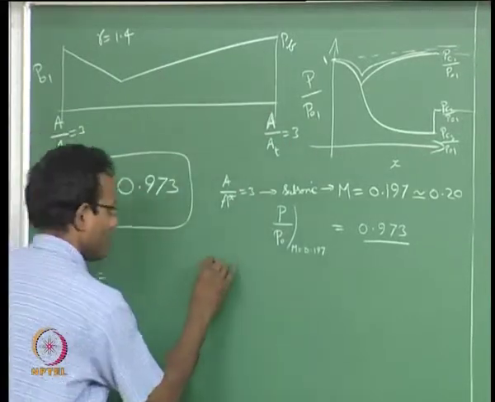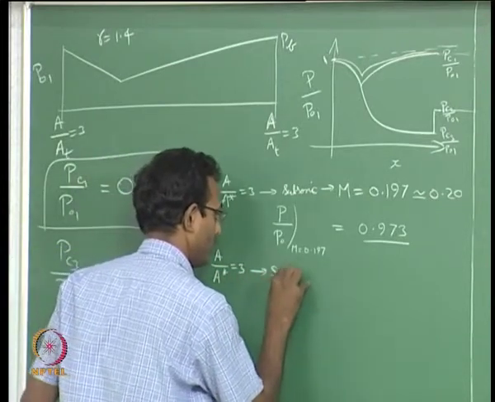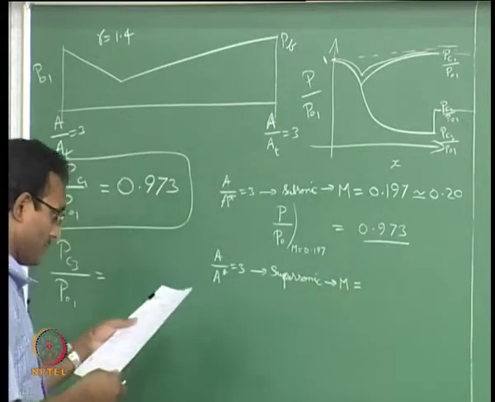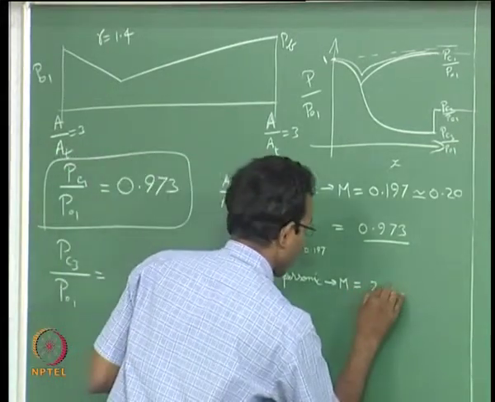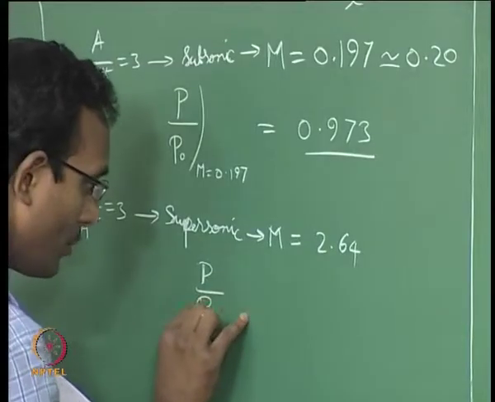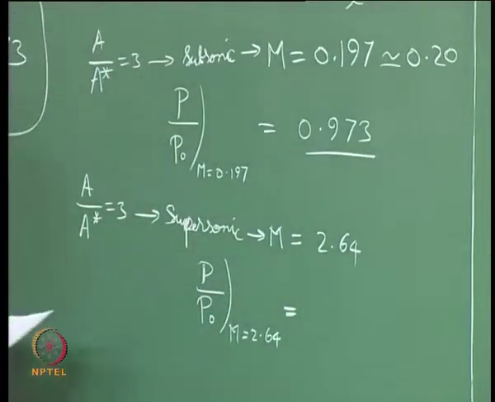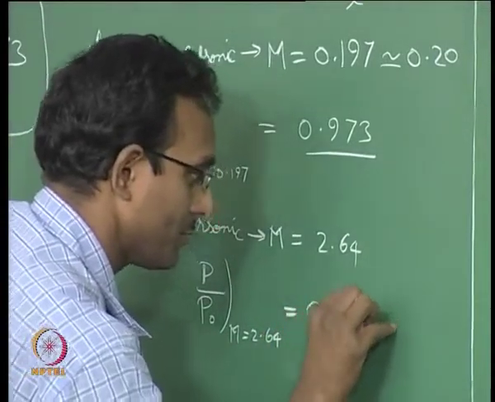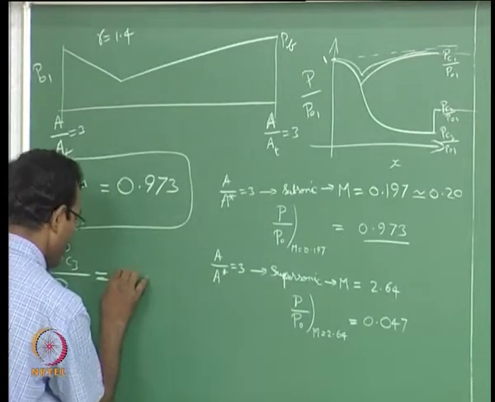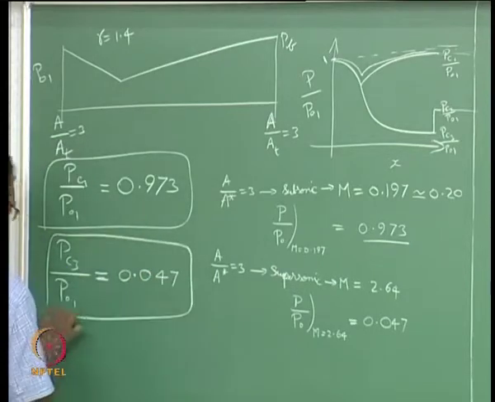So I just have to use A by A star equal to 3, supersonic solution, and look up tables, and you will get a Mach number of 2.64. The corresponding P by P0 for that Mach number 2.64 is 0.047. I will just write that number here because that will be the pressure ratio if I am having perfectly expanded supersonic flow in that nozzle.